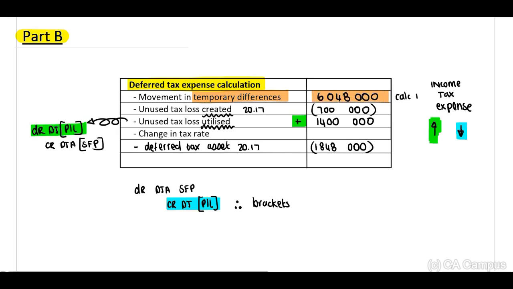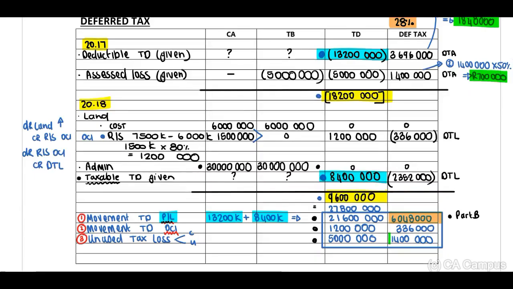And then important, our unused tax loss utilized, either reference to your calculation 1, or please ensure that you include 5 million times 28%. Going to highlight this 1.4 million green to indicate to my marker that I have transferred this to part B.